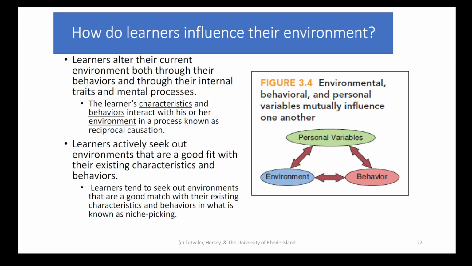So typically learners tend to try to find environments that work with their characteristics and behaviors. We call that niche picking. That's just basically a phenomenon that happens, right? You look for learning environments that work with your personality.